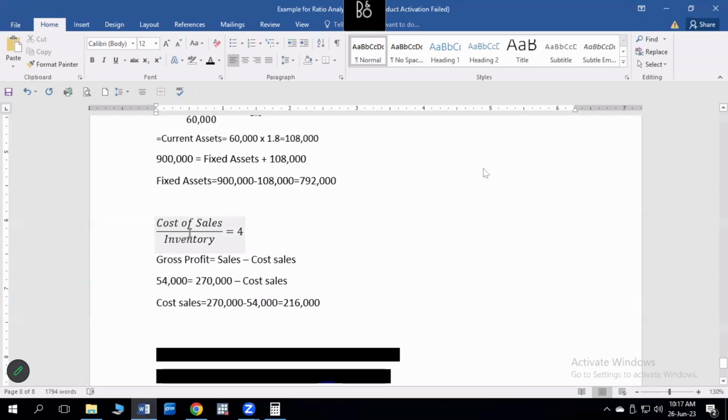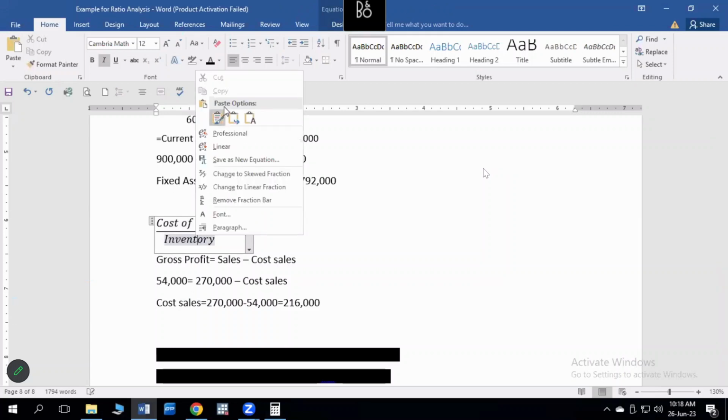Now you find that the cost of sales is that. Then you can find the inventory. So substitute this one.